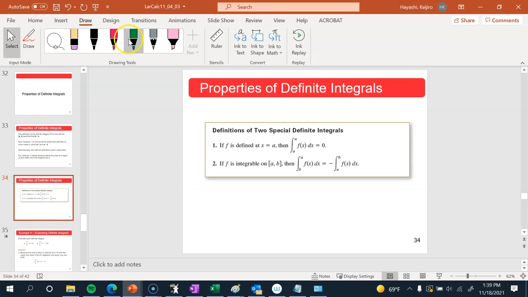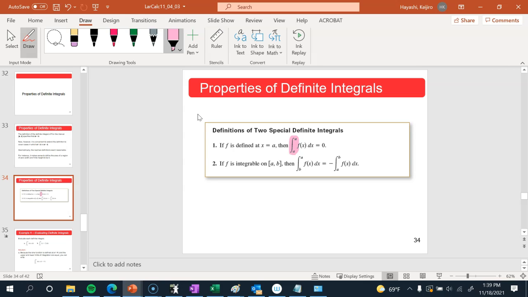Okay, now these are the only two important things. If you think of integration as a process of area collection from some x value going to another x value, some interval, if you start and stop at the same number, you're not going to be collecting any area at all.